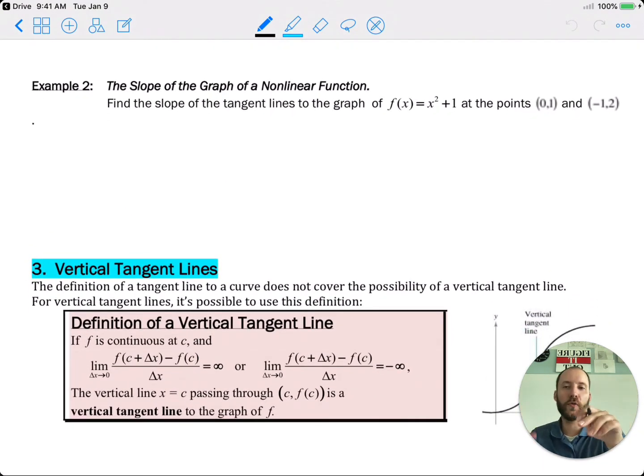Now let's go for a non-linear function. So x squared plus 1 at 2 different points. What I'm going to do here is use 2 different colors to illustrate the 2 problems and how they really are the same process, even though as you go through the same process you get different answers.